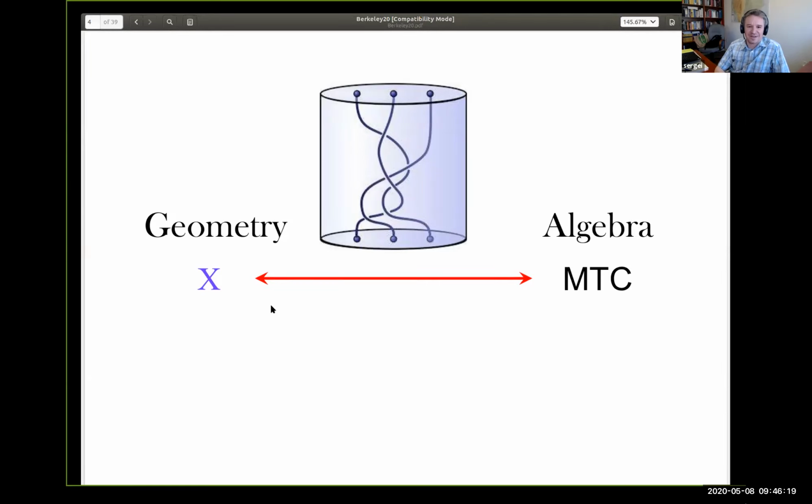So modular tensor category is a loaded term, and it's a very rich subject. Formally, what it is, is a non-degenerate spherical braided fusion category. So it has a lot of adjectives, and each condition has a meaning. Here on the slide, I only illustrate that it's braided.